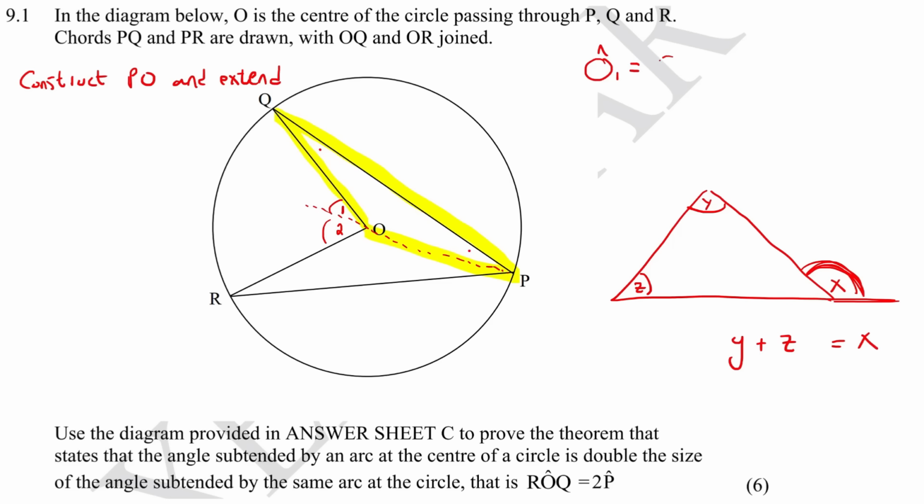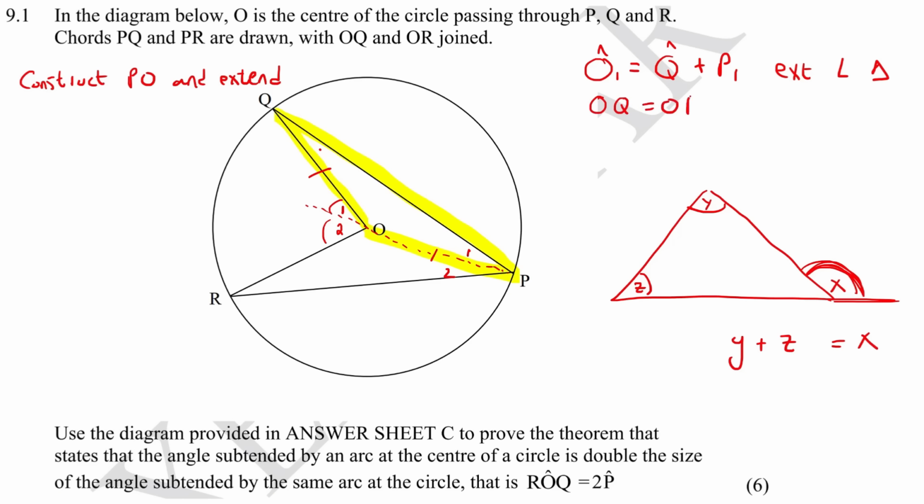So that would be angle Q plus angle P1. Now let's label this as P1 and this as P2. The reason for that is the exterior angle of a triangle. But now we also should realize that OQ and OP are the same length.